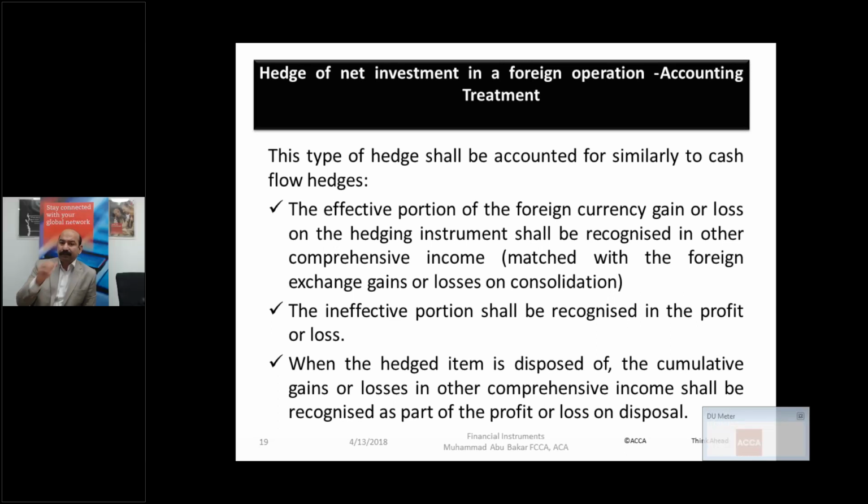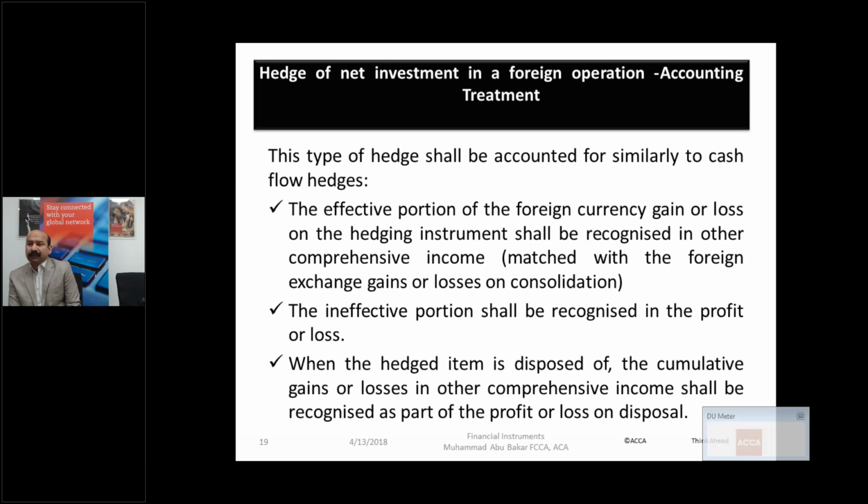So very few of you will be in a position to apply this accounting treatment, because those people who are handling group accounts, where foreign subsidiaries, foreign joint ventures, foreign operations are involved, and there is a risk they want to hedge, will be applying these guidelines.